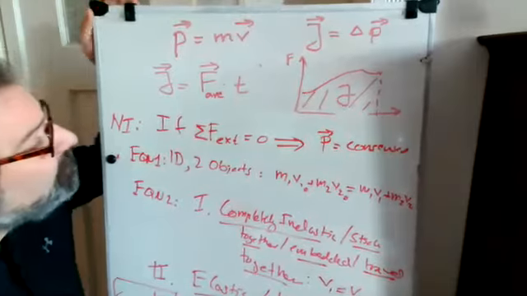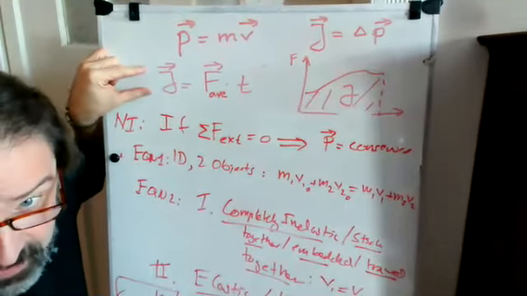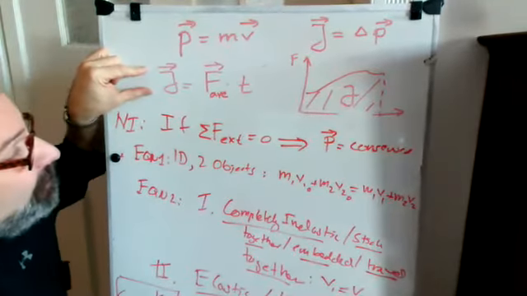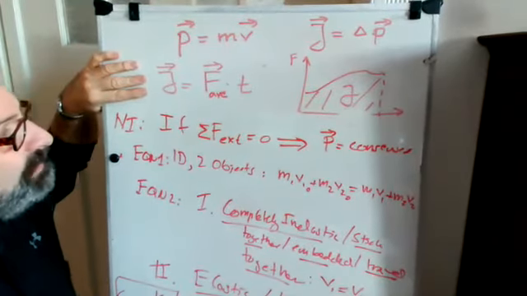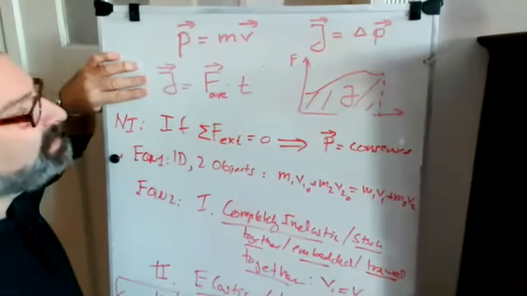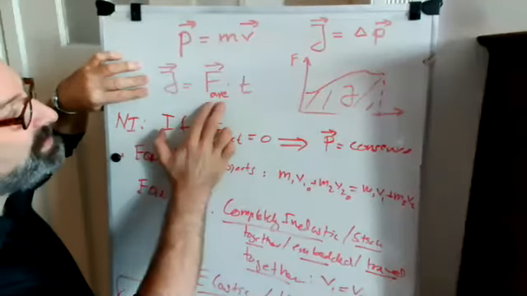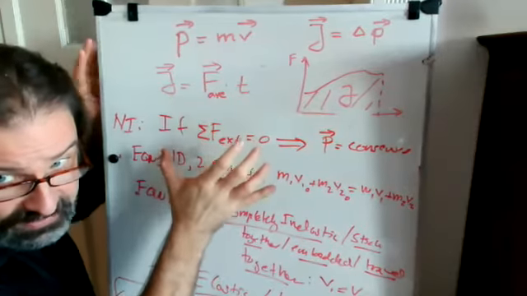So we're going to next look at this equation right here a little bit more in detail. And what I mean by that is we've really thought about this equation mostly in the context of where the force is 0, the impulse delivered is 0 for both objects together.